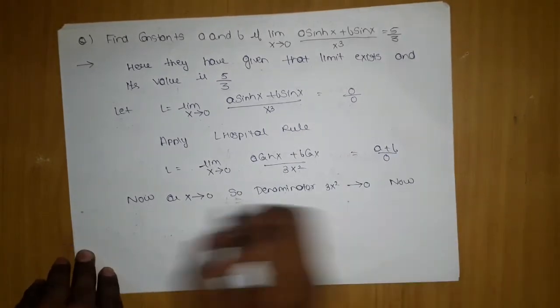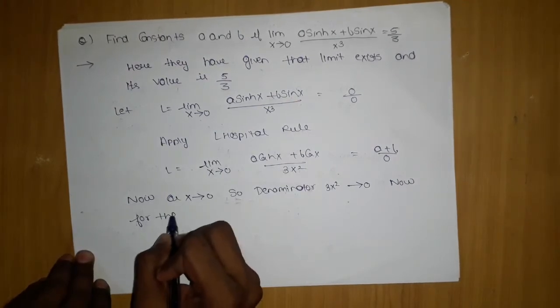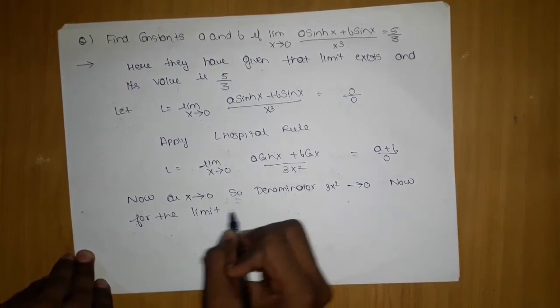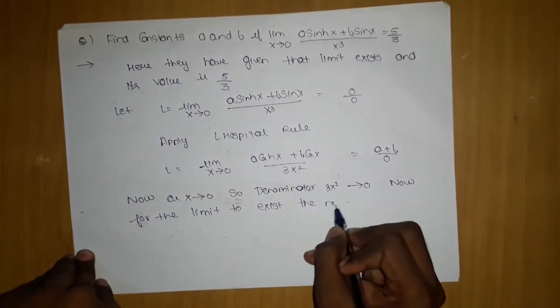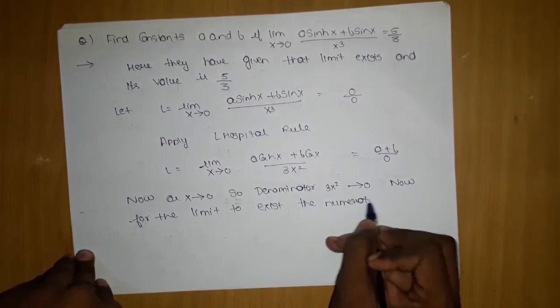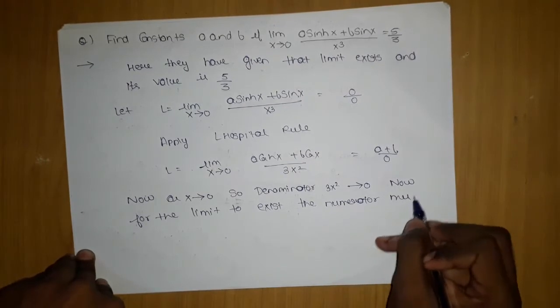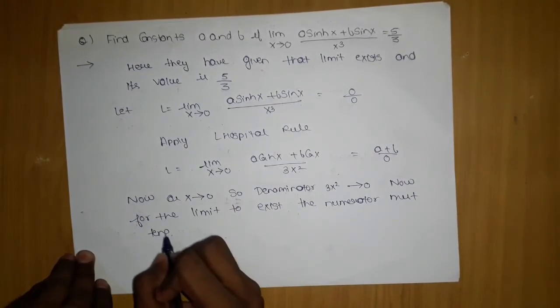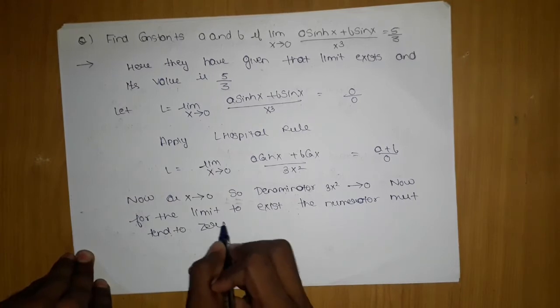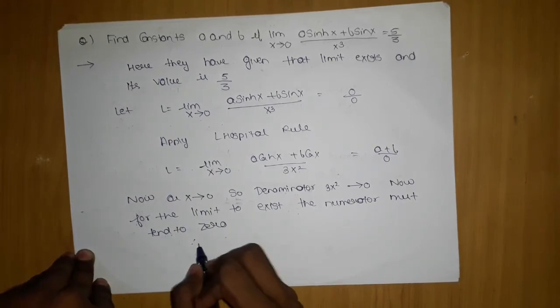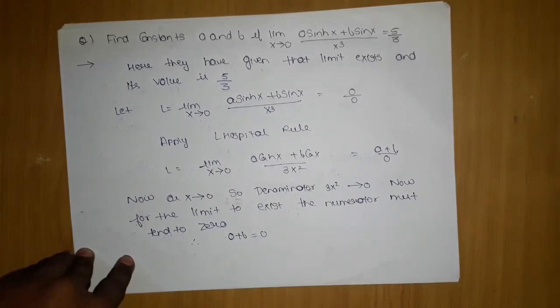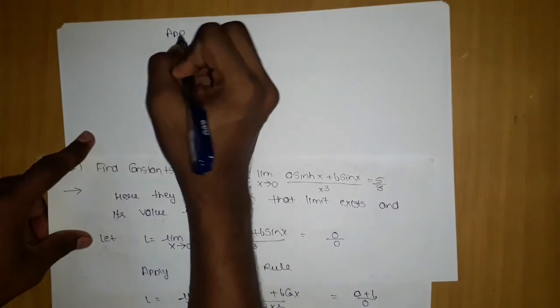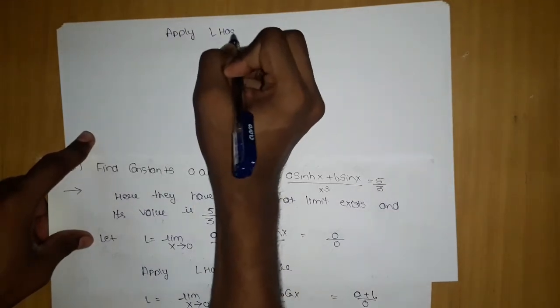Now for the limit to exist, the numerator must tend to 0. Therefore a plus b should be equal to 0. If it is equal to 0, we can apply L'Hopital's rule.